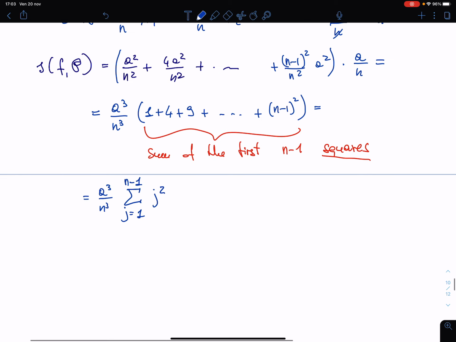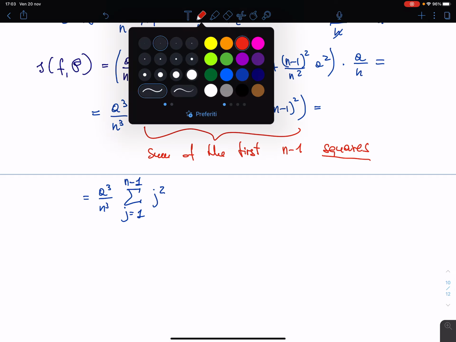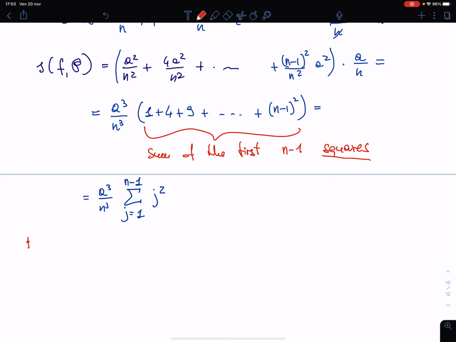Remember the formula that I gave you, the formula of the sum of the first n squares.